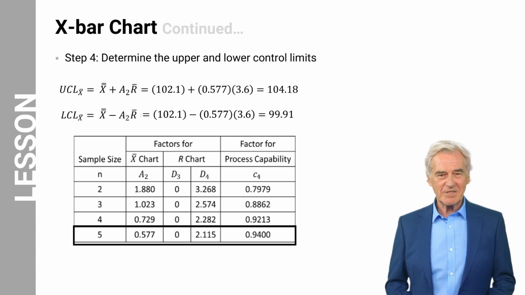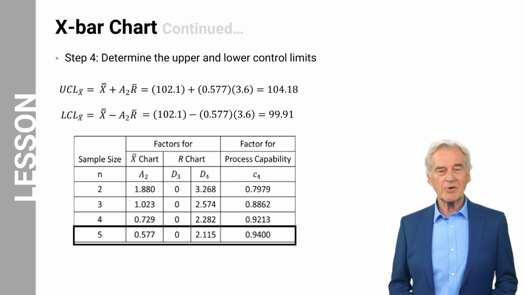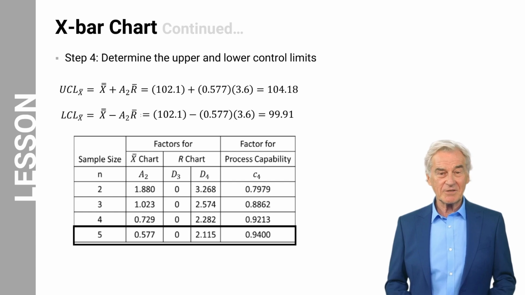The approximation is a factor of the average of the ranges, and A2 is a factor based on sample size, which, from the table we see, is 0.577. The formulas for the upper and lower control limits are seen here. From our previous calculations, we know that the X-bar equals 102.1 and that the R-bar equals 3.6. Therefore, our upper control limit for the chart is 104.18 and the lower control limit for the chart is 99.91.